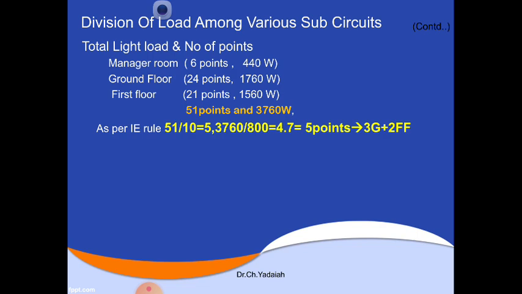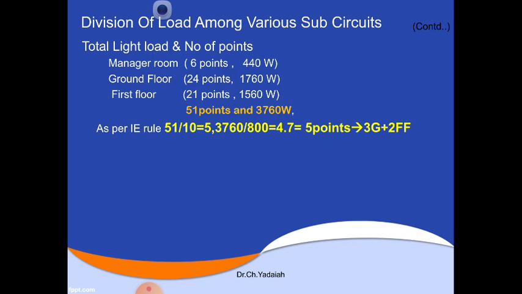Here it is 5, here it is 4.7. Whichever is the highest value, you have to take that one. So in total we assume 5 subcircuits for lighting loads: 3 subcircuits for the ground floor and 2 subcircuits for the first floor.